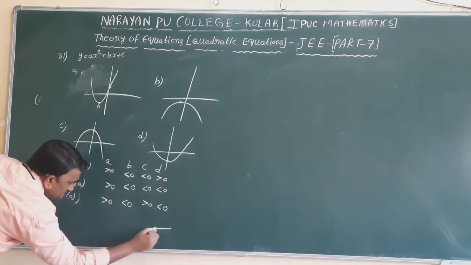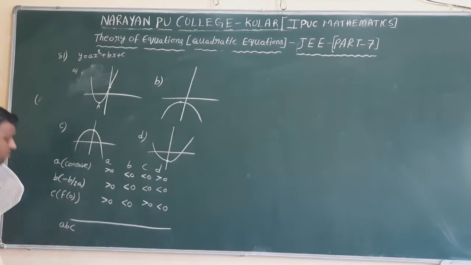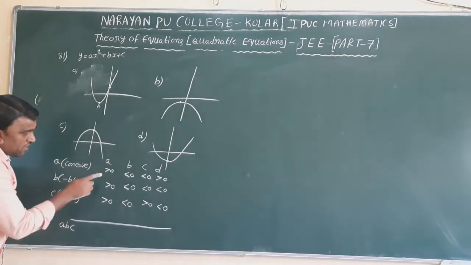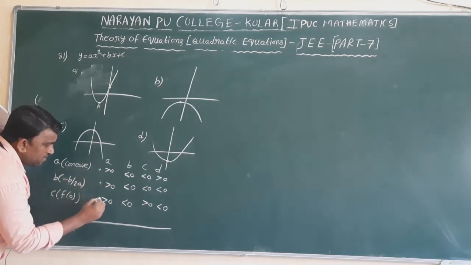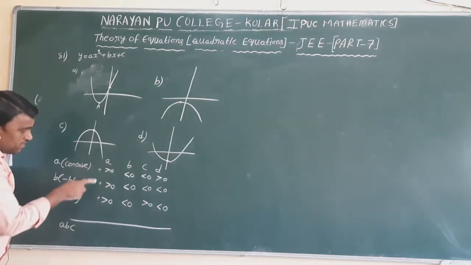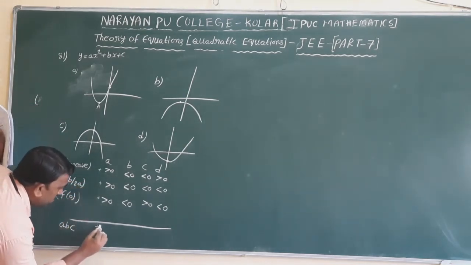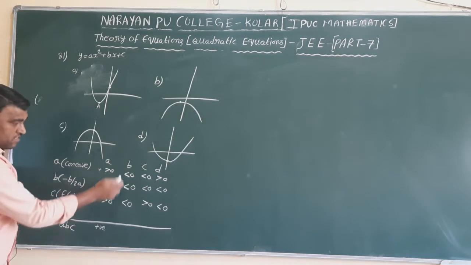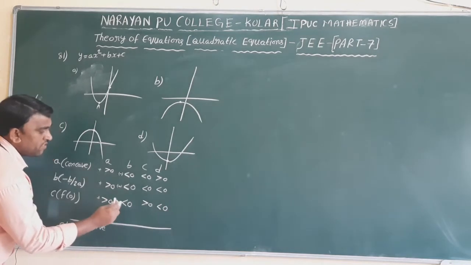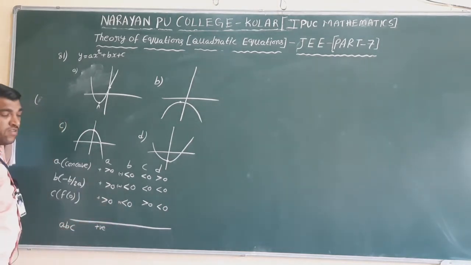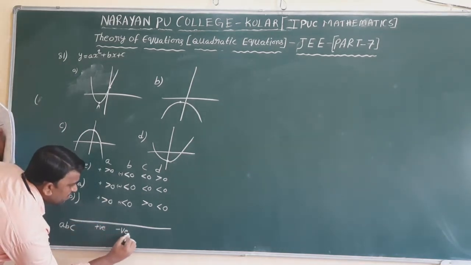So after we got this, the product of a, b, c, the 3 values' product, we need to verify. Greater than 0 means positive, it is also positive, plus plus plus. The product of these 3, plus into plus plus, plus into plus plus, is positive. Next, this one less than 0 means negative, it is also negative, so minus into minus plus, plus into minus minus, negative.